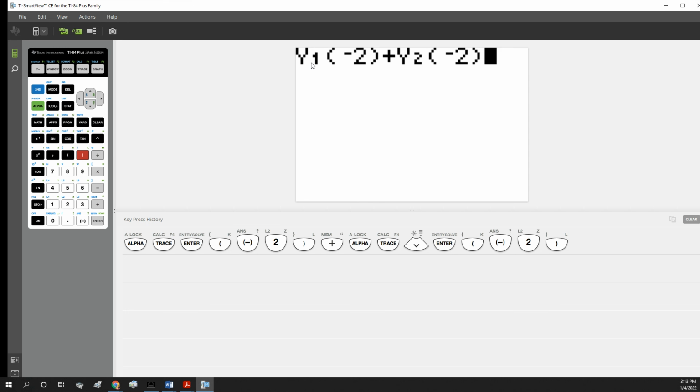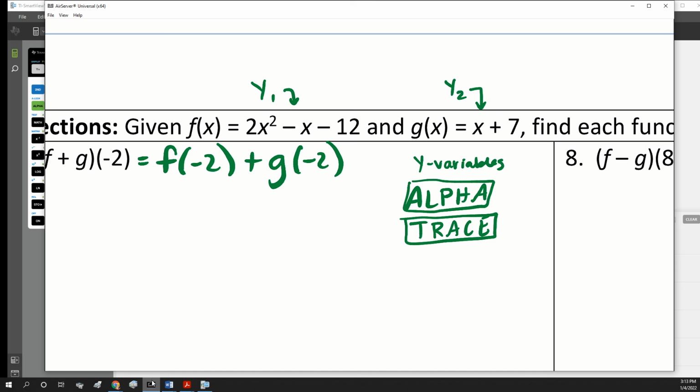All right, so this means the same thing as f of -2 plus g of -2. Calculator just puts that as y1 and y2 instead of f and g. And then hit enter, and the answer is 3. And that's what we would get if we plugged -2 into f, -2 into g, and then added those together. It's just so much quicker to do in your calculator if you can remember how.